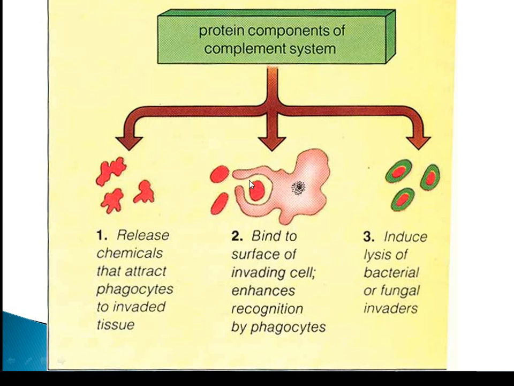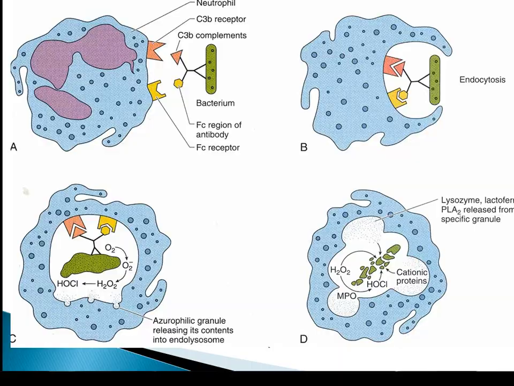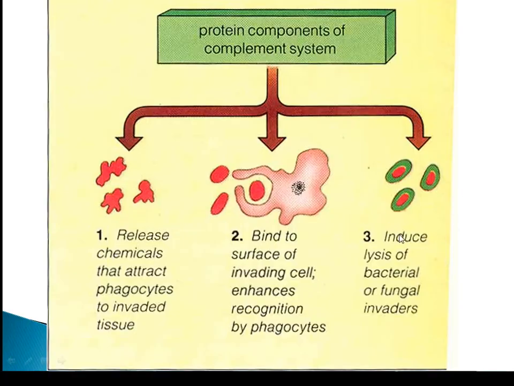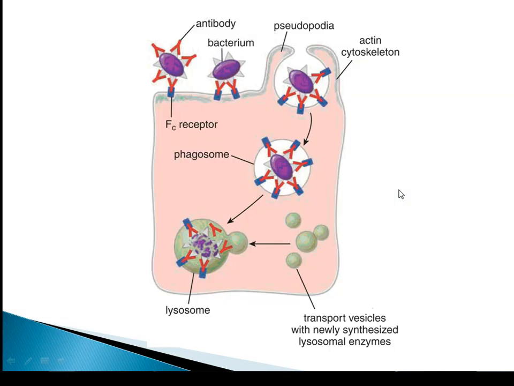The complement proteins bind the surface of invading cells and enhance recognition by the phagocytes. These chemicals surround the bacteria and make them more accessible and more recognizable by the macrophages. Complement proteins also provide lysis of bacterial cells.